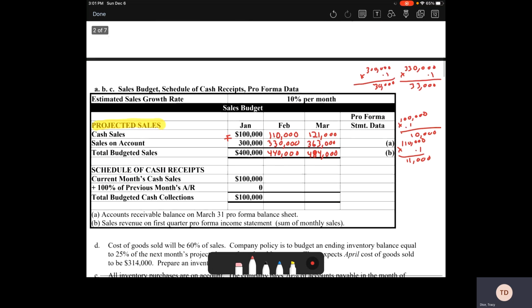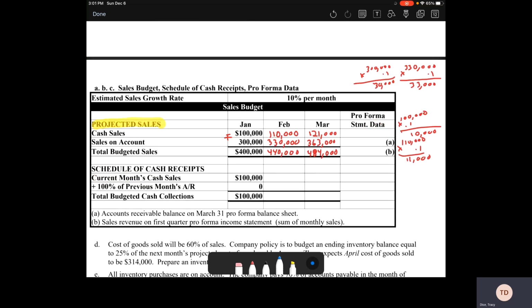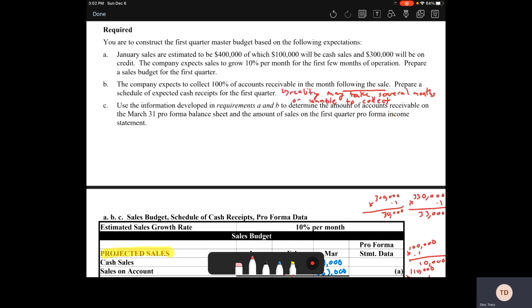So what we need to do down here is, I'm going to make this easier for you guys to understand. So we're going to erase this and we're going to put all of March's in blue. All right, so our current month's cash sales, when we look at our schedule of cash receipts, because that's what Part B wants us to do, prepare a schedule of expected cash receipts for the first quarter.